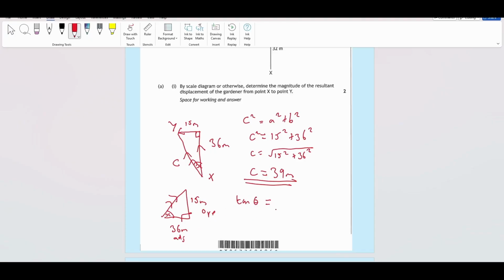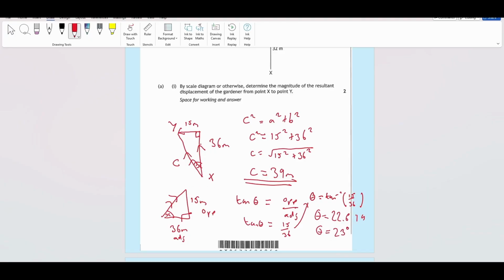Tan theta is opposite over adjacent, and that's 15 over 36. So theta is the inverse of tan 15 over 36. So theta gives us 22.619. I'm going to round it up to 23 degrees here.